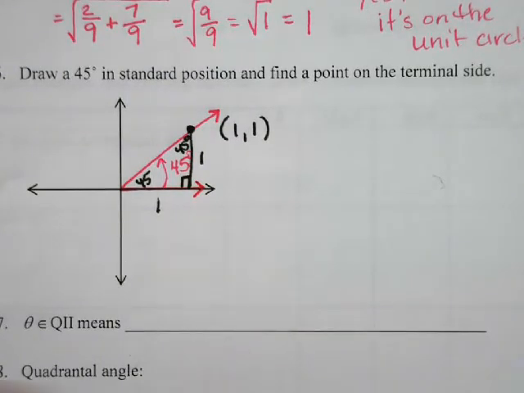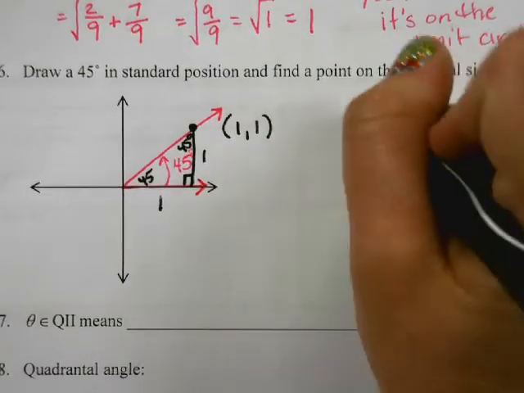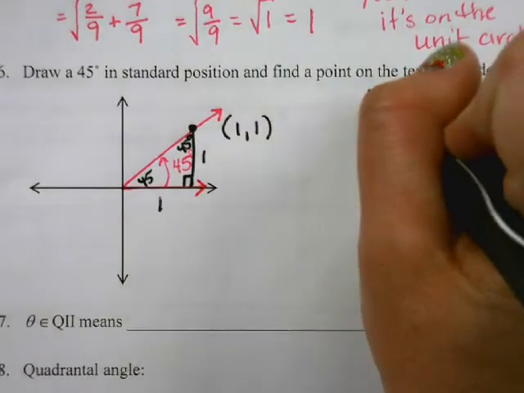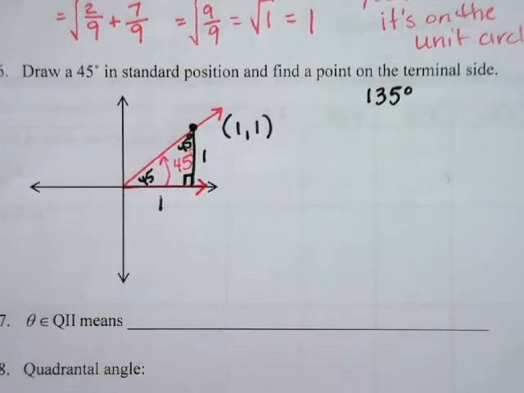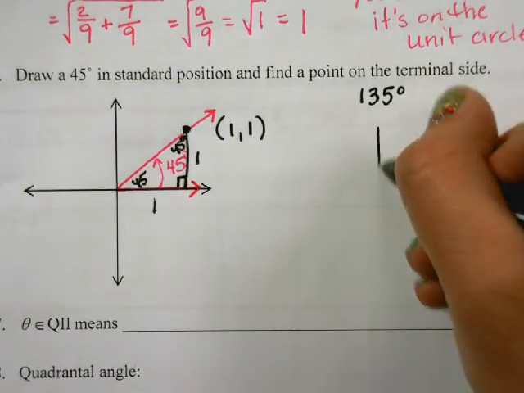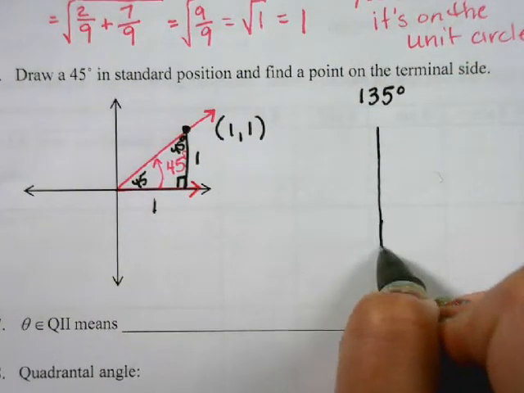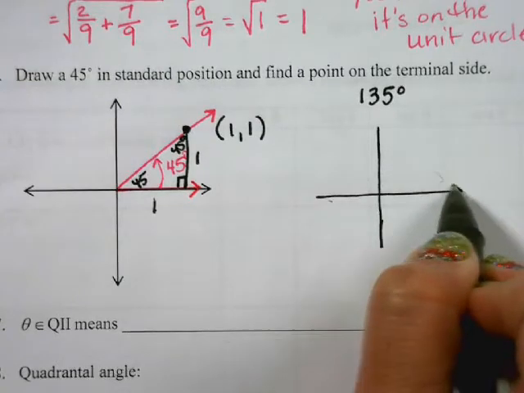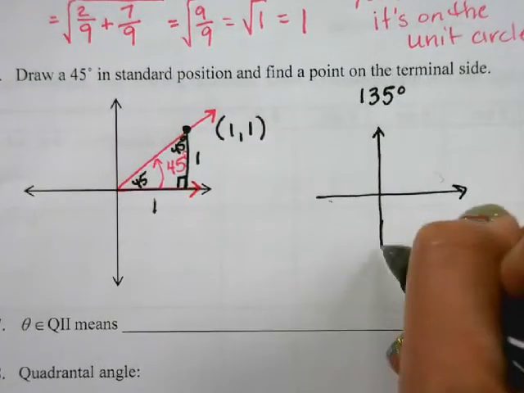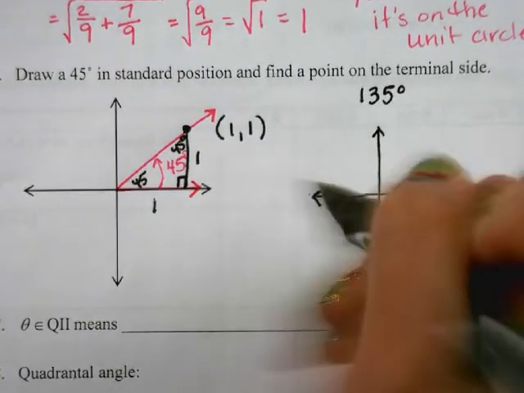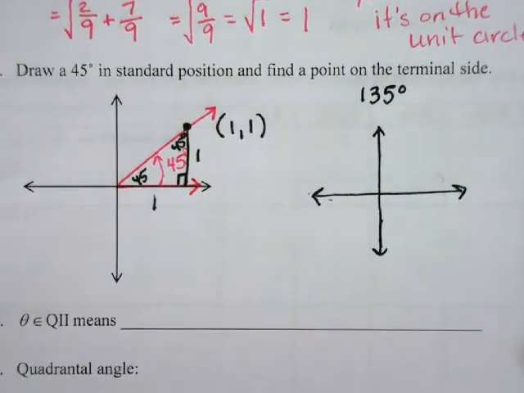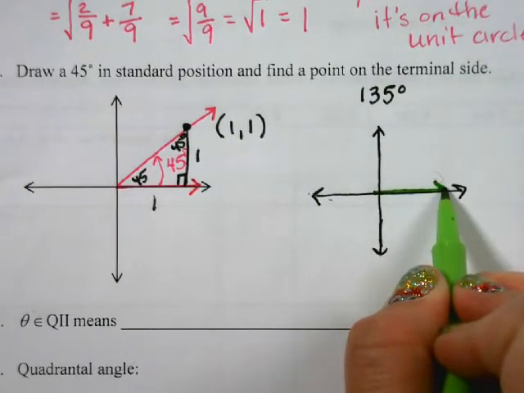Let's do another one of number 6. How about 135 degrees? Straight up and down would be 90, right? There's my initial side.